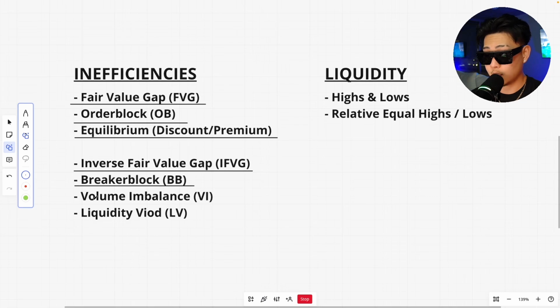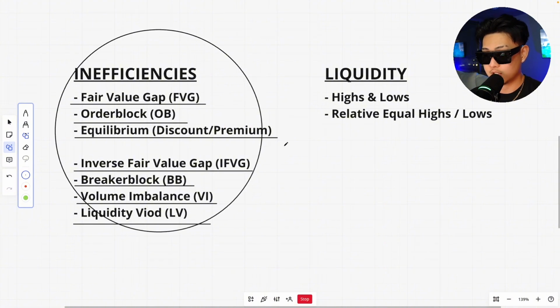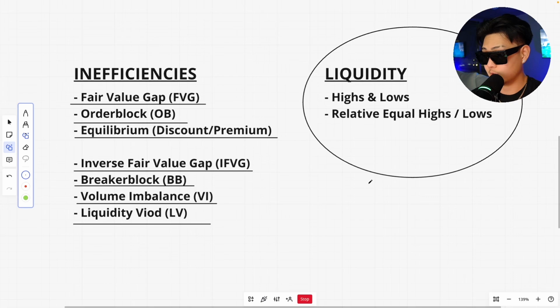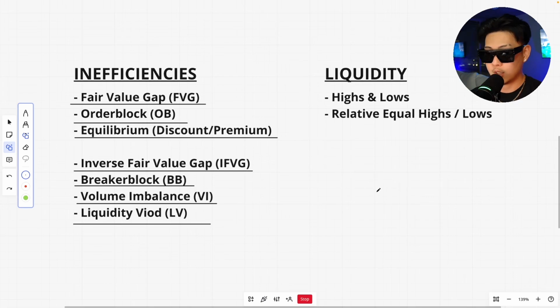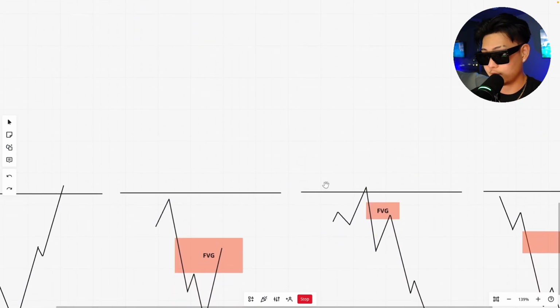Breaker blocks as well. And then you have volume imbalances and liquidity voids. So these are basically all the ICT inefficiency PD arrays. And then these are all of the types of liquidity that you can find as well. So you want to be paying attention to those, and that will reveal to you where price is likely to go next.